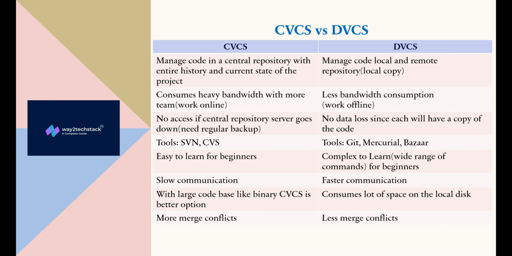When do we have to go for CVCS? As I told you, when you are planning to develop software with large binary code, it is preferred to use CVCS rather than DVCS. Everybody has to plan proper disk space in their system when using DVCS, but not in the case of CVCS. Now in CVCS, we will have a lot of merge conflicts when compared with DVCS.